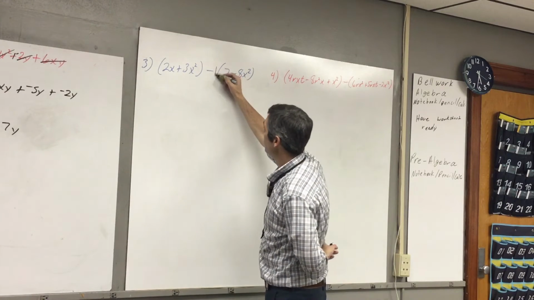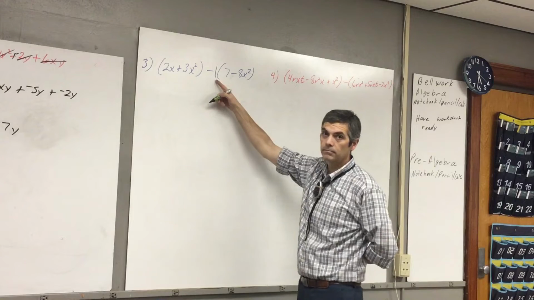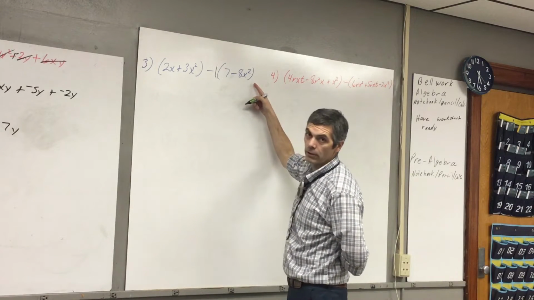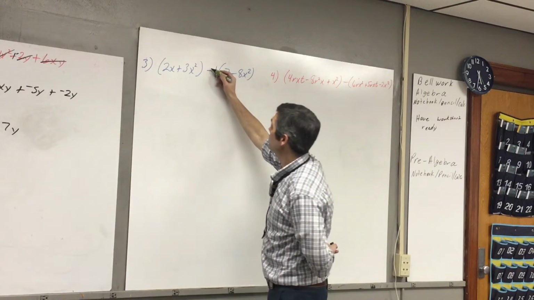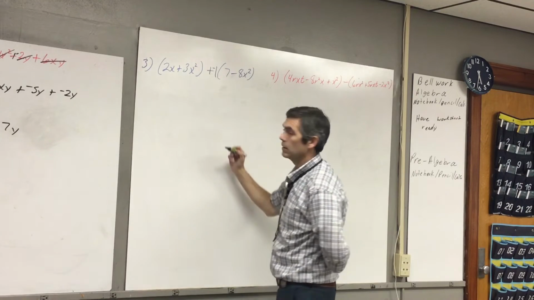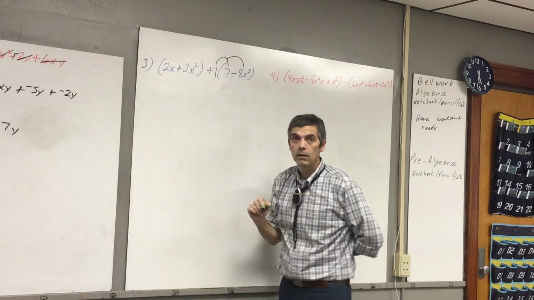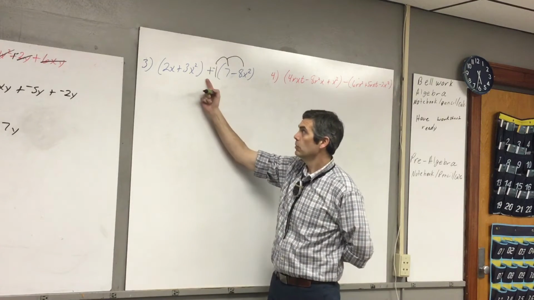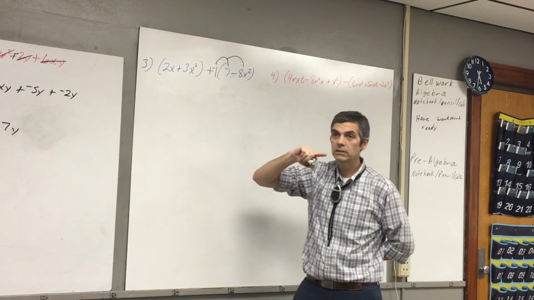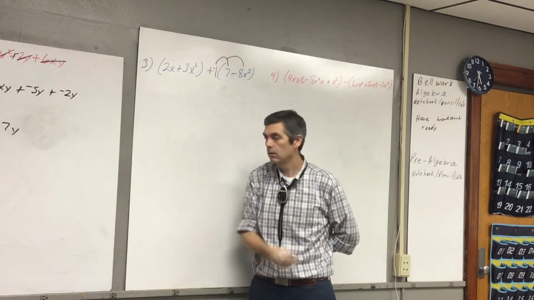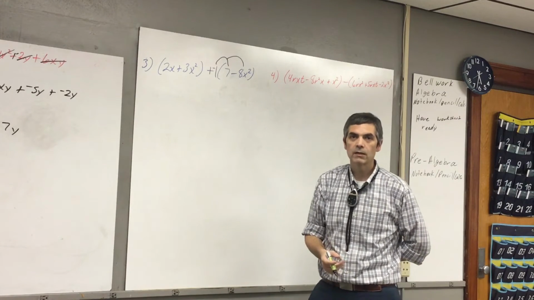So what you really have is this negative 1 being multiplied all the way through here, right? So what you can do is click, click, and now distribute this here, okay? And a lot of people will just say, oh, well, you just need to change the signs inside there. Absolutely. That's exactly what you do.